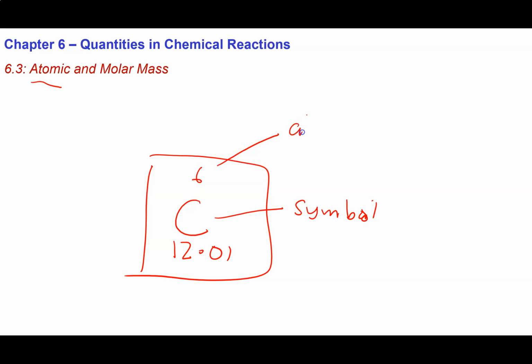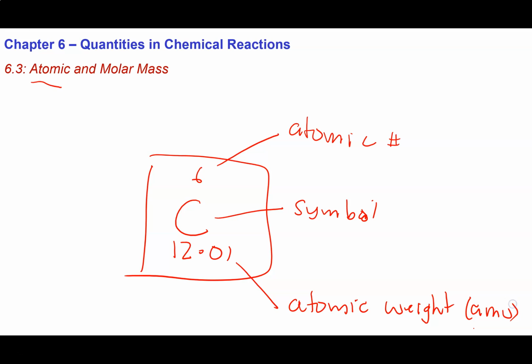It has the symbol for the element. It has what we call the atomic number of the element, the number of protons in the nucleus, and then this one here, it's often called the atomic weight, and it has units of AMU, and that expresses the average mass of that particular atom in AMU.